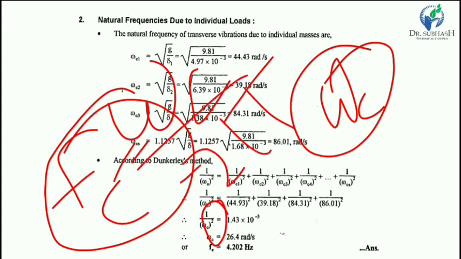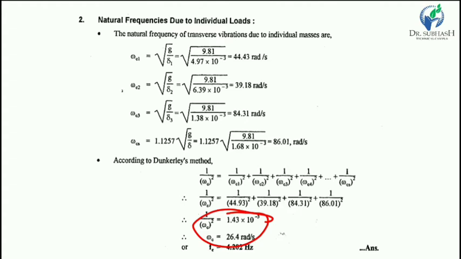So we get omega c as 26.4 radian per second, and the frequency f is equal to 4.202 hertz.